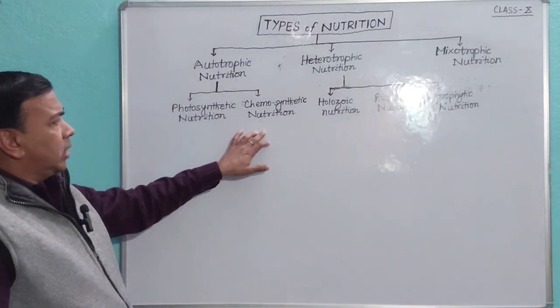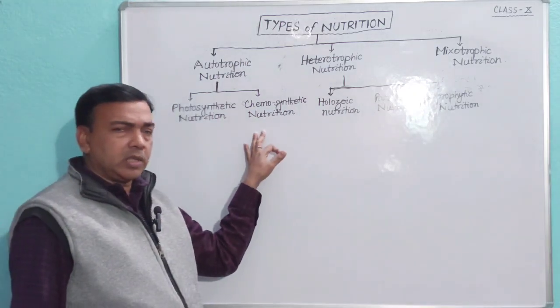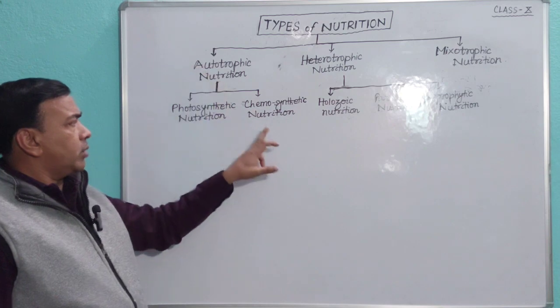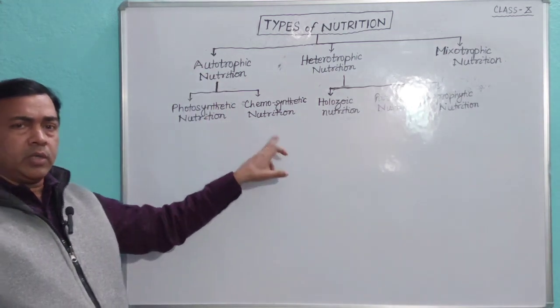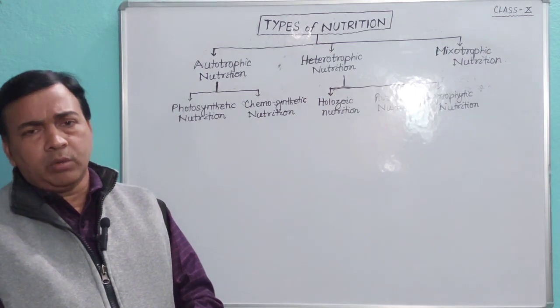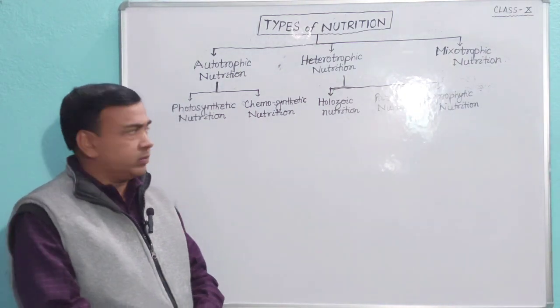Now, chemosynthetic nutrition. What is chemosynthetic nutrition? Chemosynthetic nutrition is a type of autotrophic nutrition in which some organisms synthesize their own food without involving sunlight.